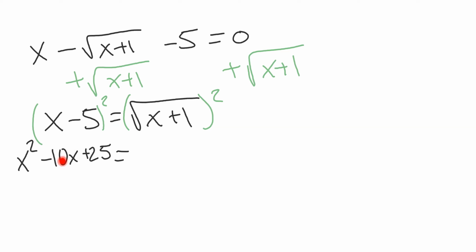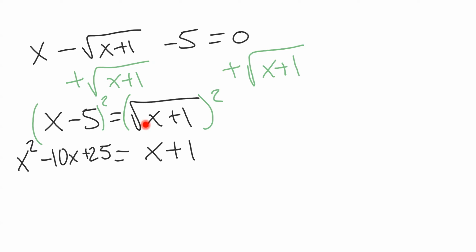So want to get comfortable just kind of noticing that pattern. It's okay if you have to multiply it out, that's fine. And then on the right-hand side, we've just got our x plus 1. Keep in mind what we just did here. We squared a square root, and so we are introducing possible false solutions, okay?